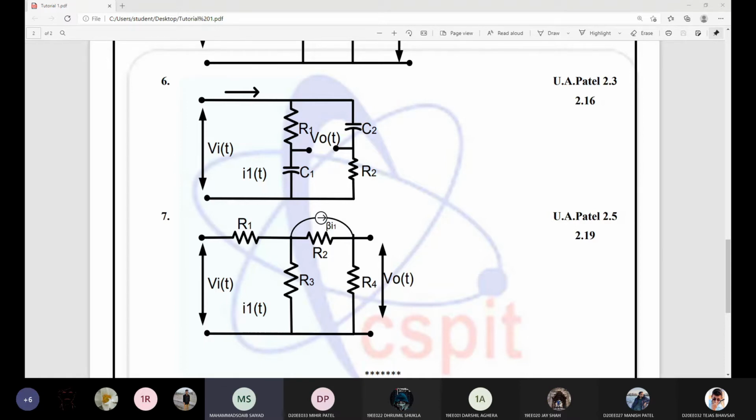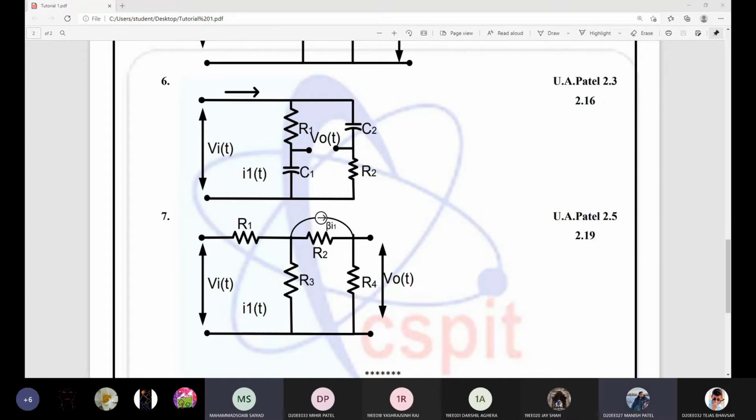It will be looking like this configuration: Vi of S, V output of S, points number 1 and 2 with V1 of S and V2 of S. R1 remains R1, R2 remains R2, and the capacitors become SC2 and SC1. Now what will be the value of V output of S?